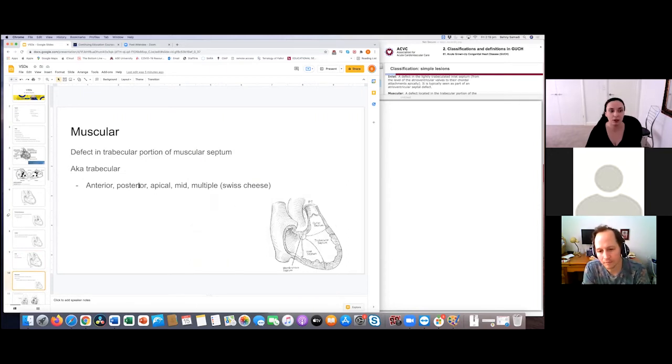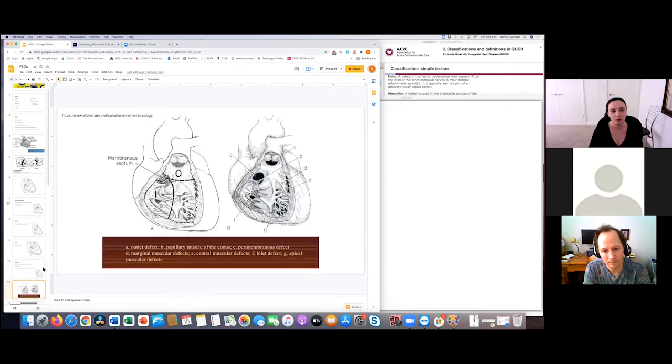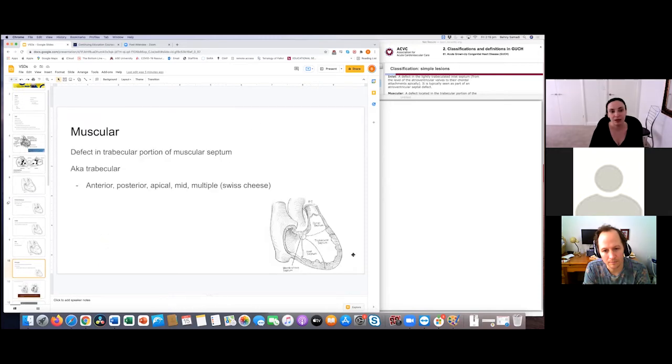And then the other one is muscular, also called trabecular, because it just sits in the very heavily trabeculated portion of the right ventricular muscle, when we're looking at it on this diagram. And then the surgeons, you might hear them break it down into more specific, because it's a pretty big area.